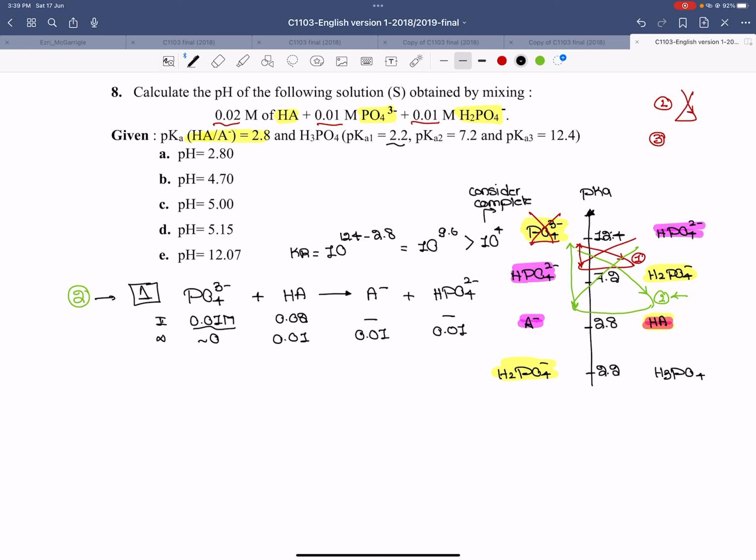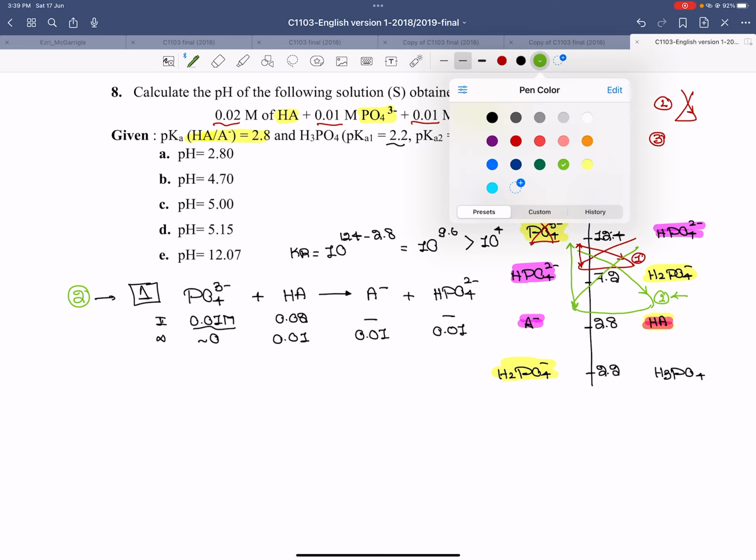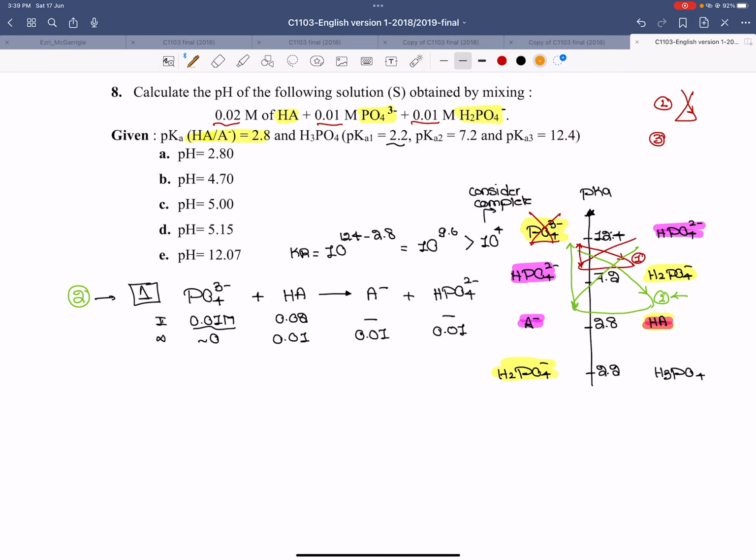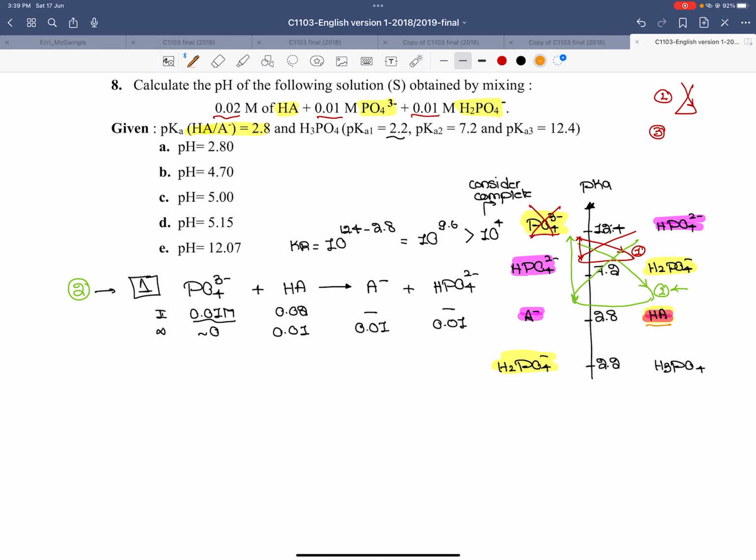Let me choose a different color. What does exist now? I'm gonna step by step say what could happen. HA could react with H2PO4 minus, but this reaction is against the gamma direction. If there is one along the gamma, I prefer to take that. It is gonna be the predominant reaction.